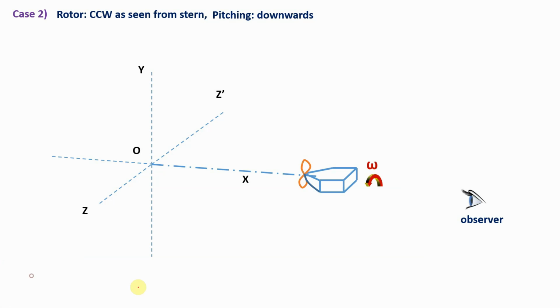Next, we represent this angular velocity omega using a spin vector. For that, let us curl the fingers of the right hand in the sense of omega. The thumb will point in the direction of the spin vector. So this is the spin vector. We place the spin vector at the origin, at its tail.